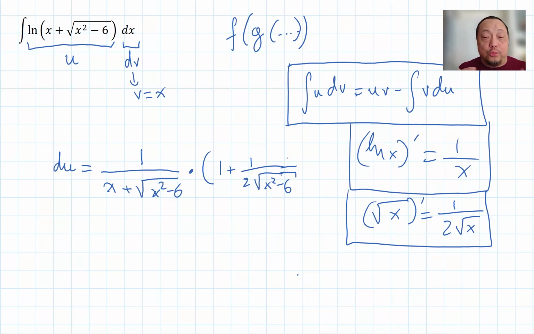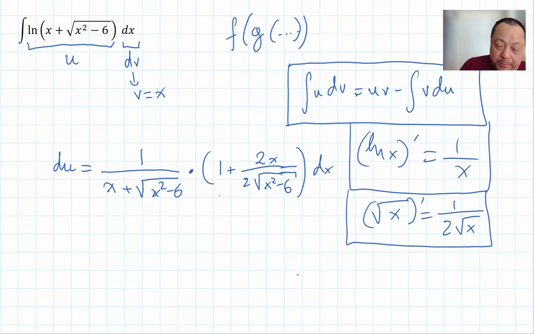And again, the square root is a composite function. It has x squared minus 6 on the inside. So I'll have to apply the chain rule again and multiply by the derivative of the inside, which is 2x. So the 2x goes here. And dx.